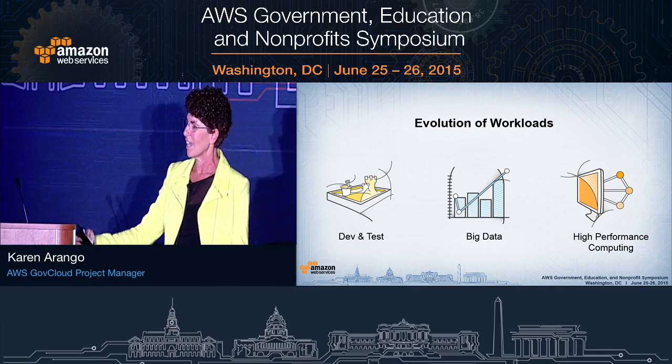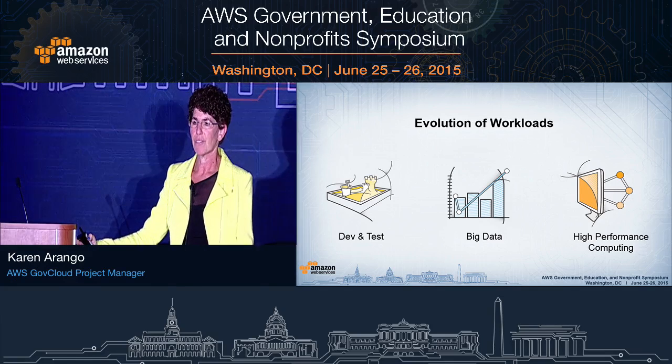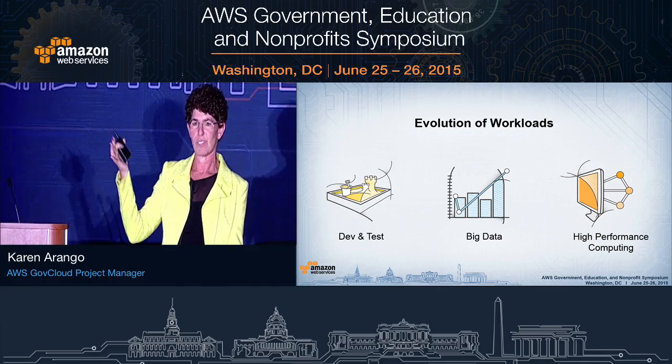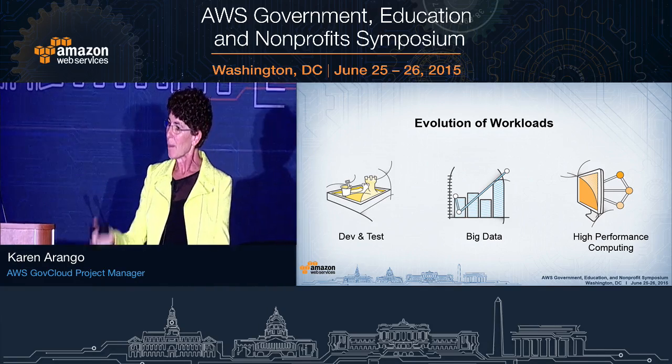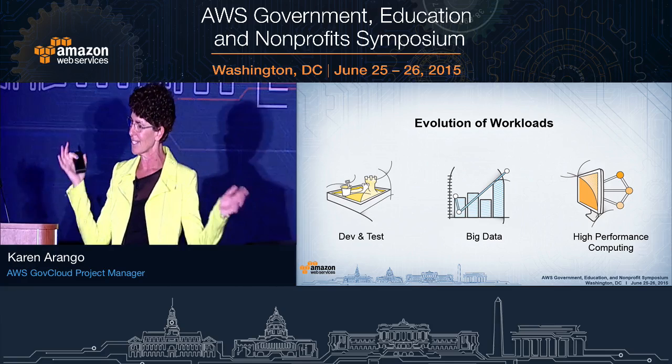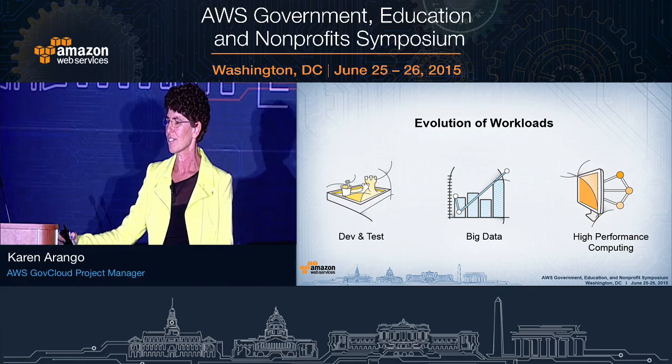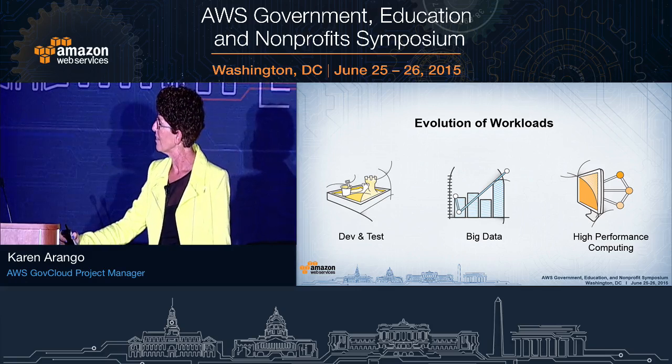And using AWS, whether you're in GovCloud or not, dev test is build this gold standard stack, use a CloudFormation template, bring it up in the morning when your devs come in, bring it down in the evening when they're done, and you didn't have to purchase all that hardware. So for me, it was like a no-brainer, right?